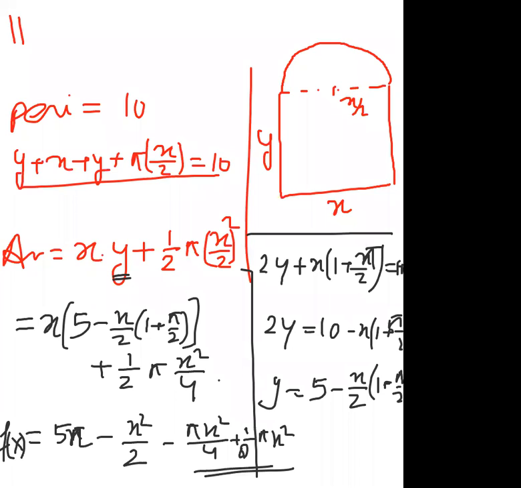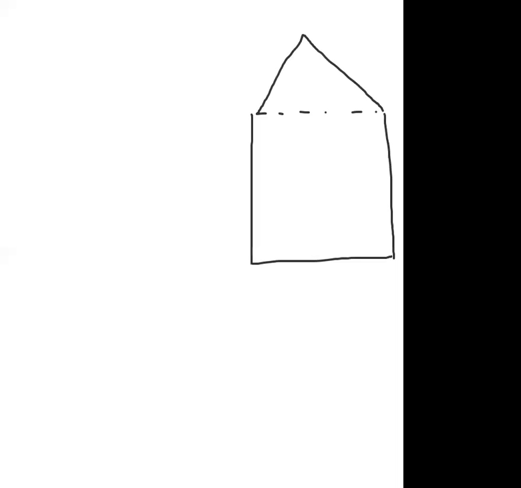So this one is over. Now, similar to this question, which has come in the board examination, I'm going to tell you that. That question was: a window is rectangular at the base and has an equilateral triangle on the top.